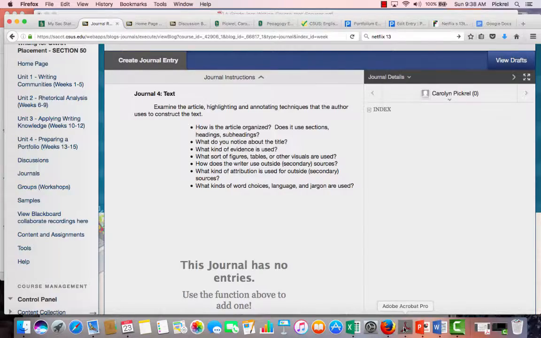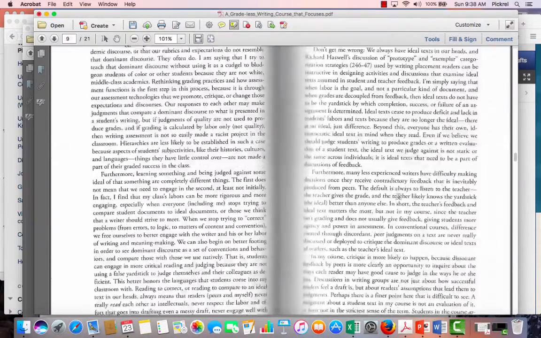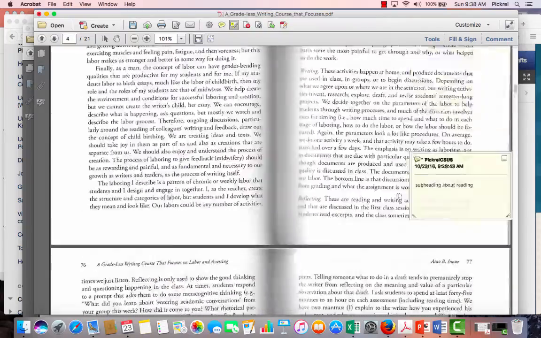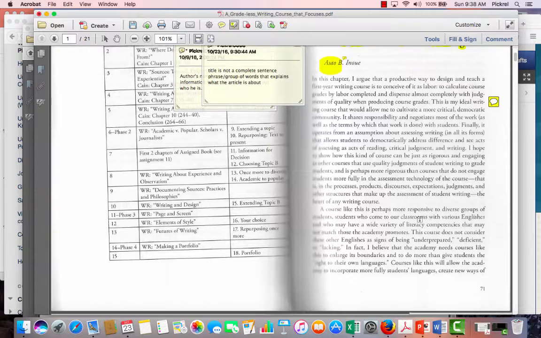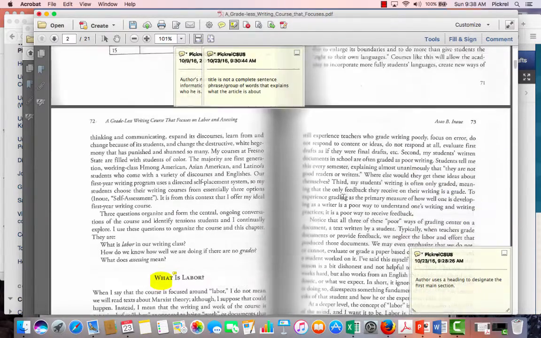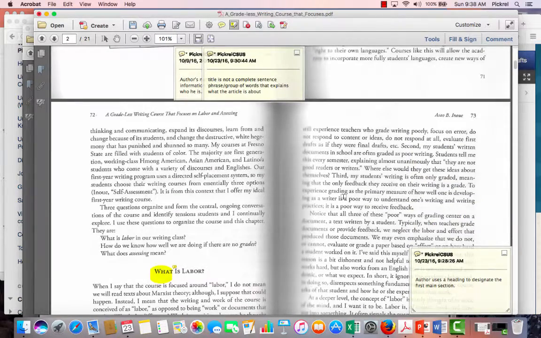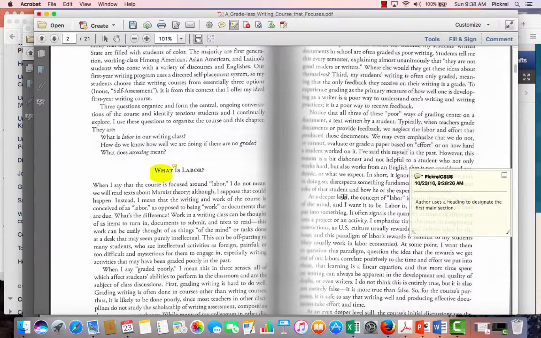So if we go back to my article, there will be some words and jargon, I think, that are particular to writing teachers. He begins talking about assessing writing, things like critical judgment. He talks about reflection, which is a common term in the field of writing, assessment also, and some of the words that he wants to bring into this discussion, he goes about defining them, such as labor.